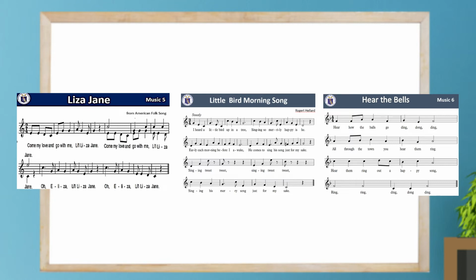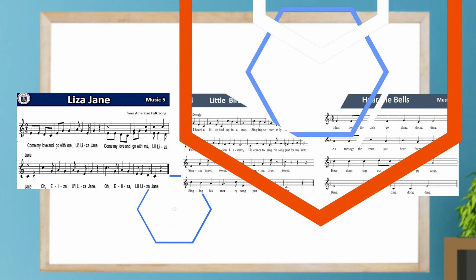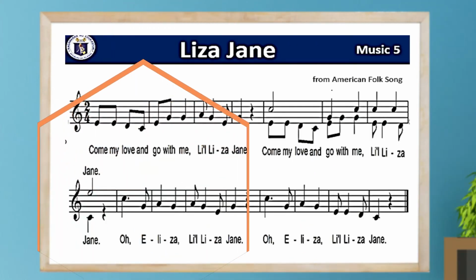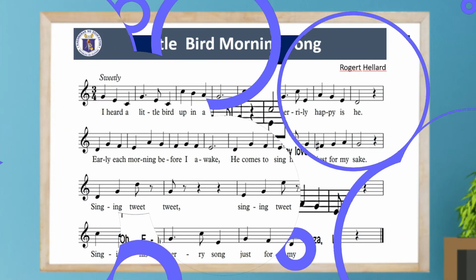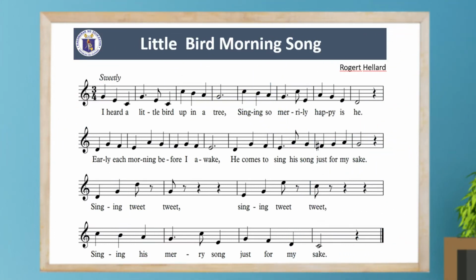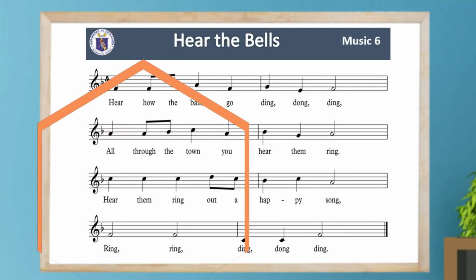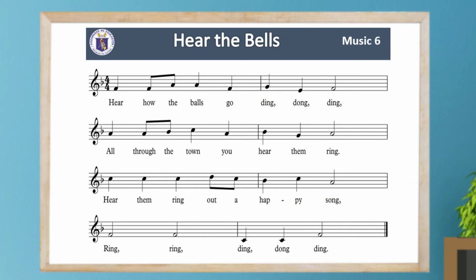Exactly, they have different time signatures. The song Liza Jane is in the 2/4 time signature. The Little Bird's Morning Song is in the 3/4 time signature, while the song Hear the Bells is in the 4/4 time signature. Where are these time signatures written?